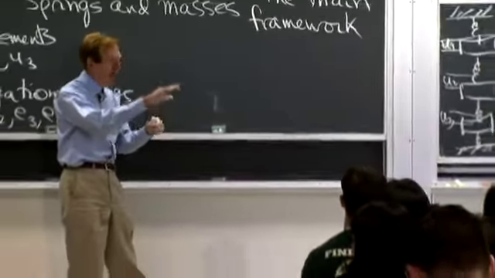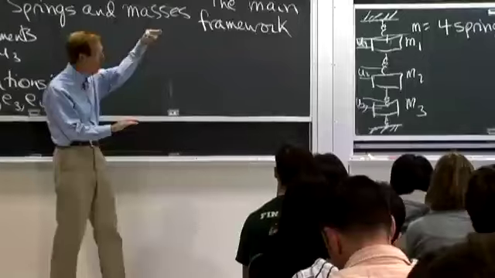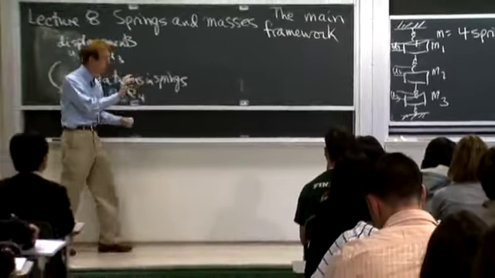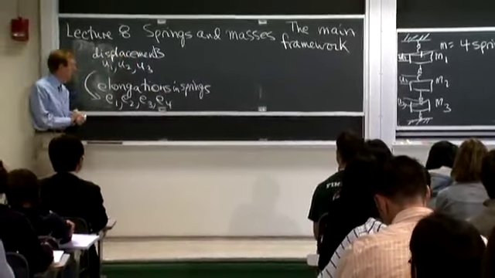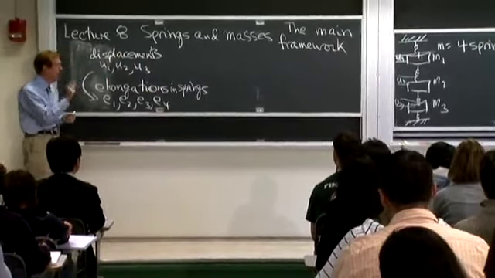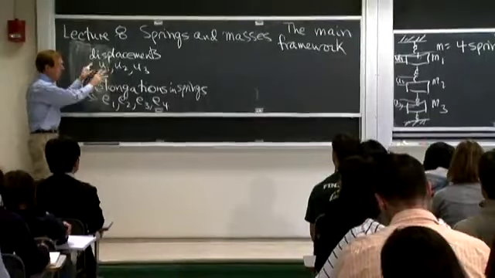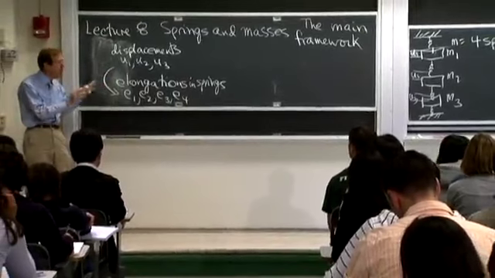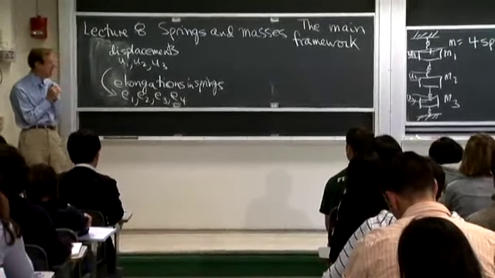Because the lower mass goes down by a distance U2, the upper mass by U1, and the spring is stretched by the difference U2 minus U1. Okay, so that's a first key fact. That expresses somehow a fact of geometry, of the way things are connected.